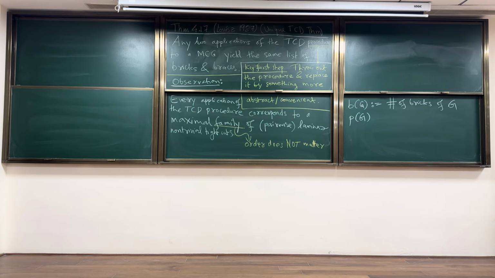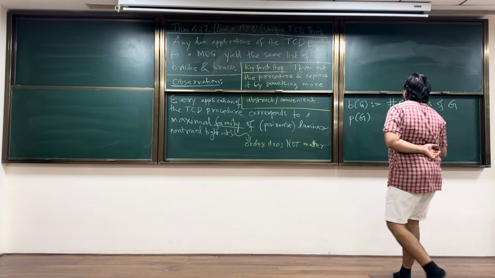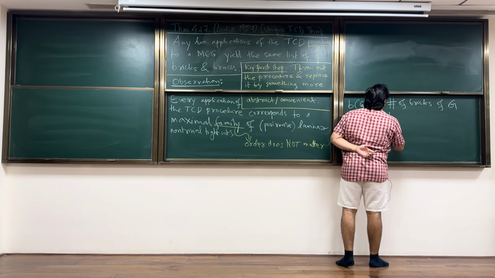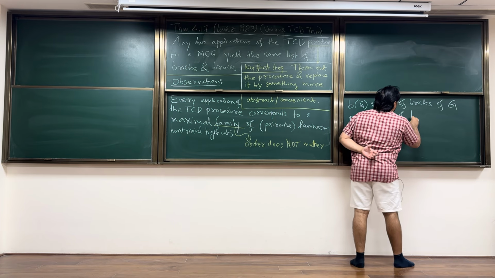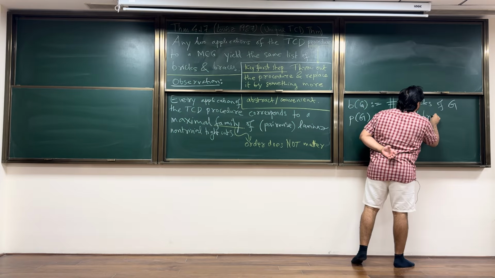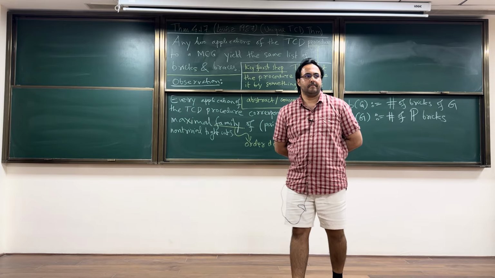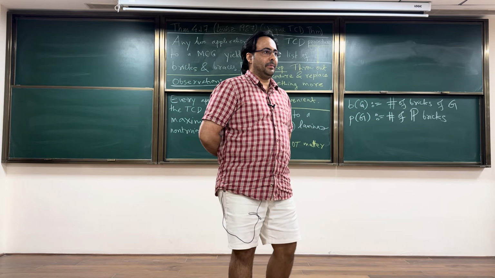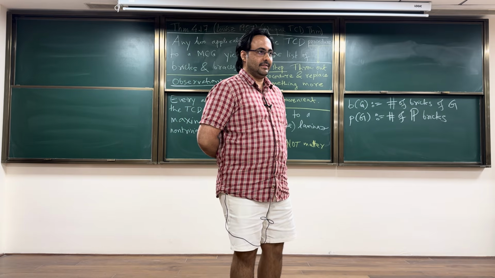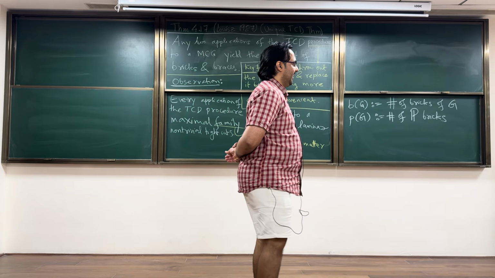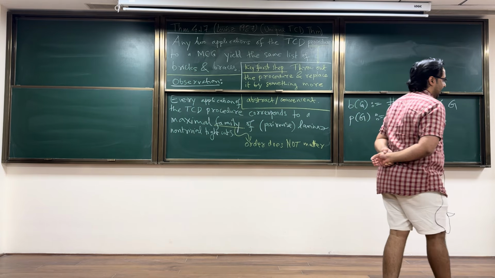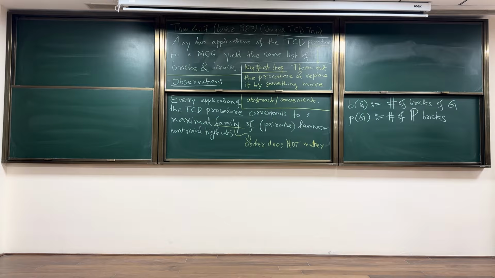P of G, the number of Petersen bricks. That also shows up in the formula for the dimension of the matching lattice, once again showing that the Petersen graph was not just some random discovery, it was very fundamental.